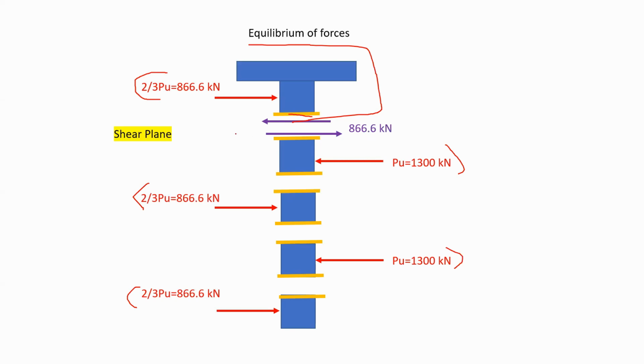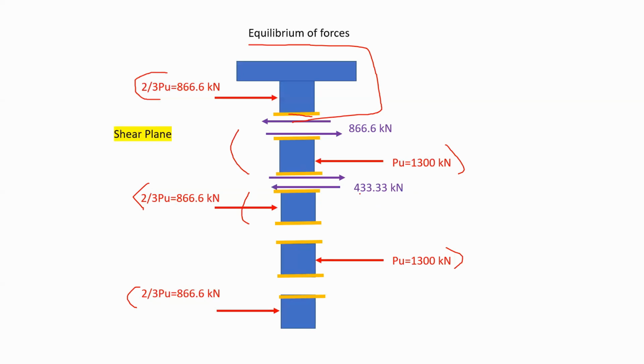Now, considering the second piece shown in here, I have 866 and I have 1,300 kilonewtons. What do I need for equilibrium? I need 433 pointing toward the right-hand side. And considering the third piece, again, I will have the same force, however, opposite in direction, 433.